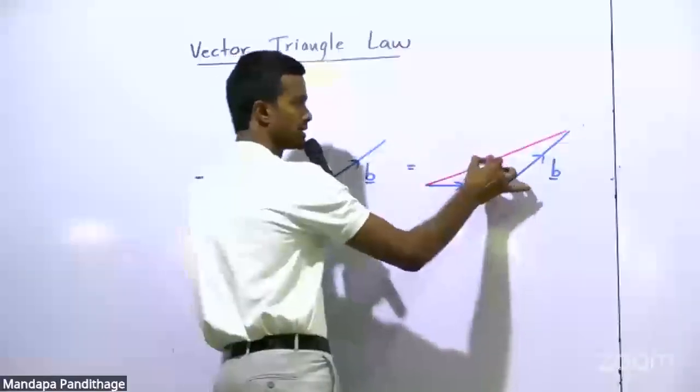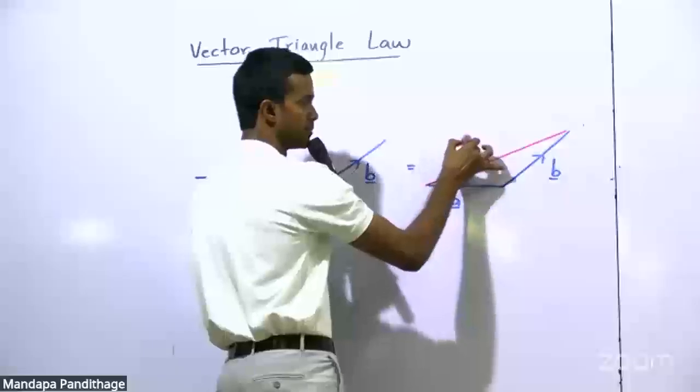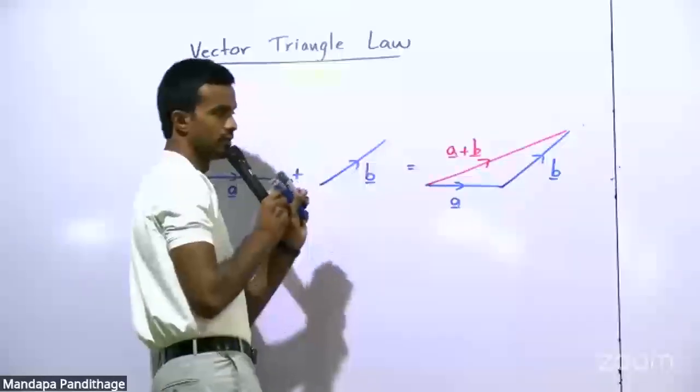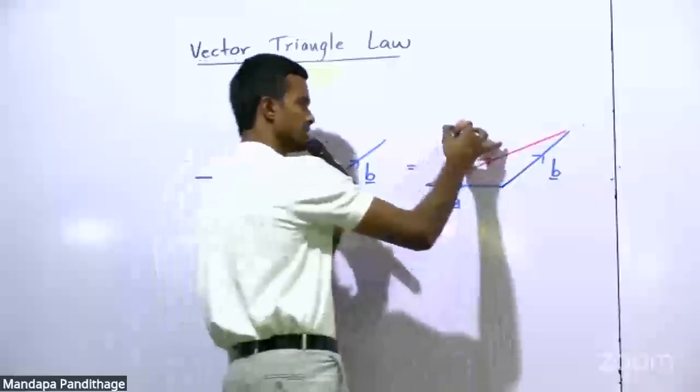You get the addition vector of these two, which is A plus B.